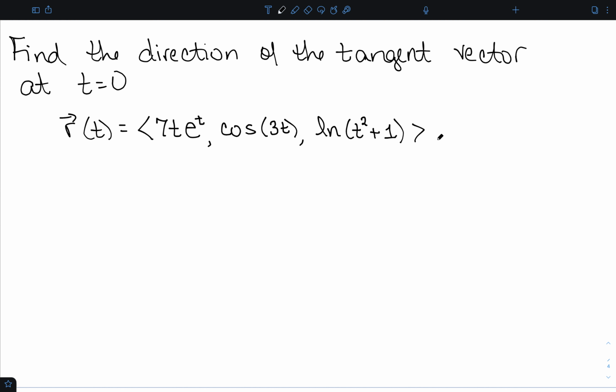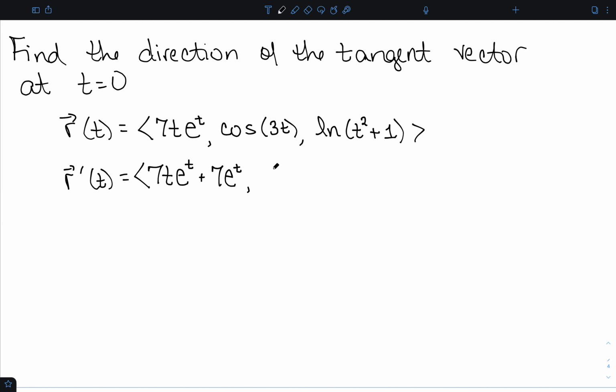Next, let's find the direction of the tangent vector at t equal to 0 of this vector-valued function. For the tangent vector, we need to start by actually taking the derivative. For this first piece, that's a product, so I need the product rule. That says the first times the derivative of the second plus the derivative of the first times the second.